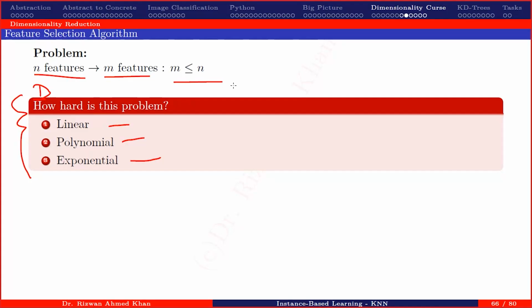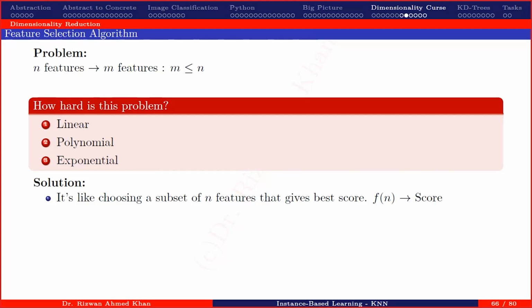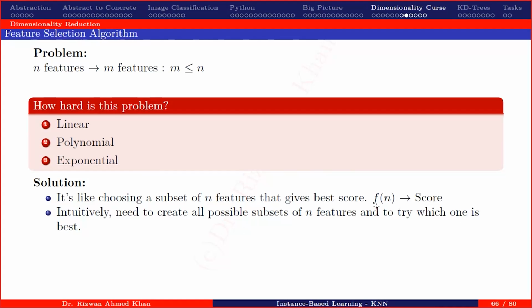So this is like permutations and combinations which you have done in your calculus course. It's like choosing a subset of n features which gives the best score, and we'll see what I mean by score. Intuitively, we need to create all possible subsets of n features, and then we need to find which is the best subset.